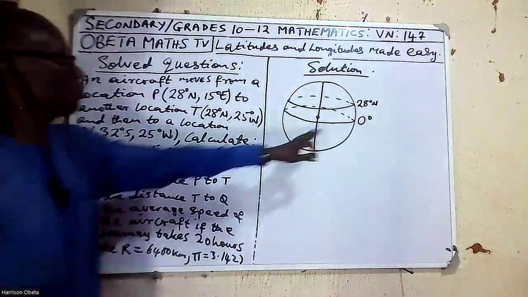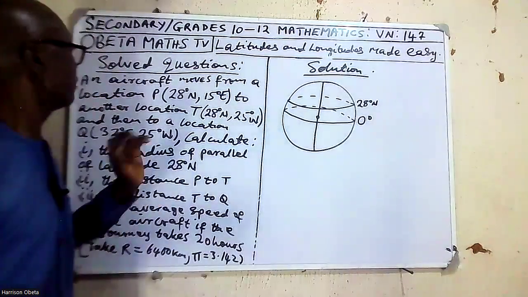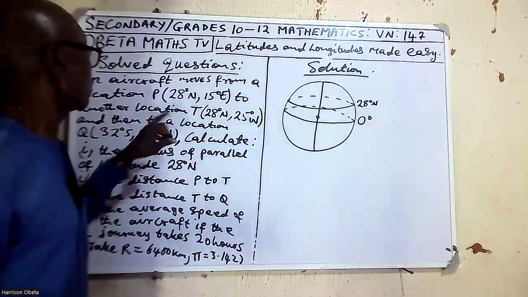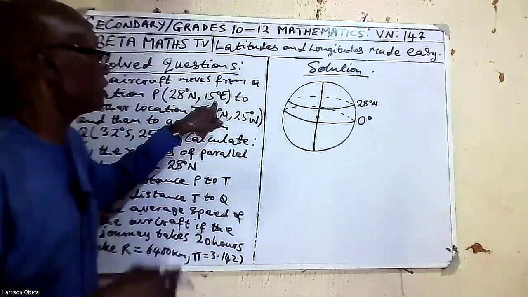So this is the equator, and then we locate 15 degrees east.